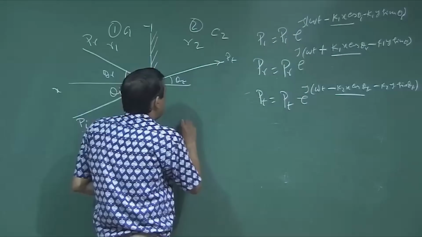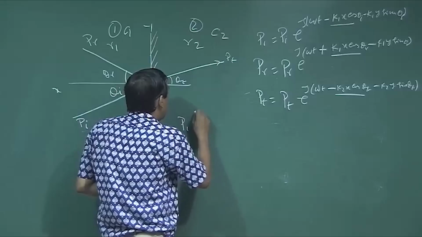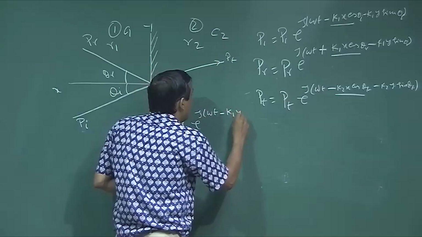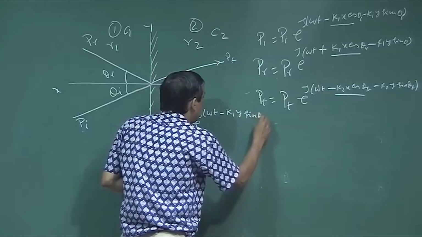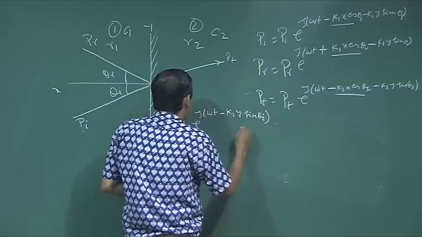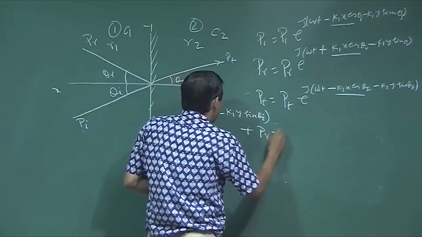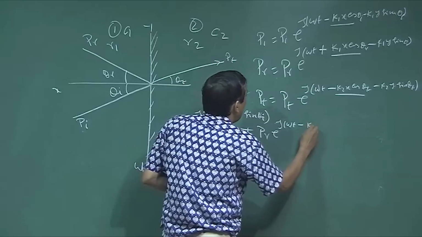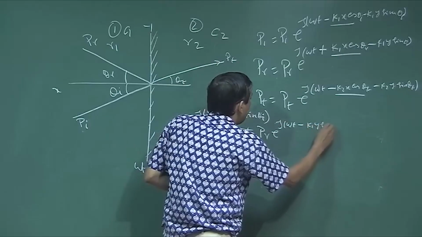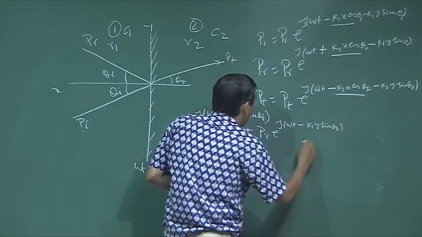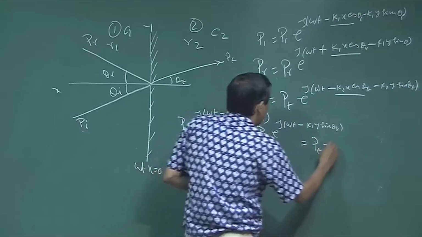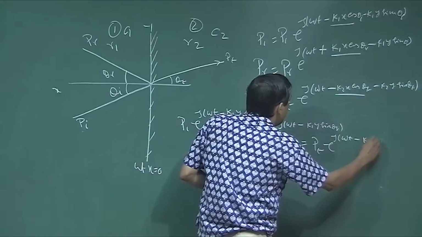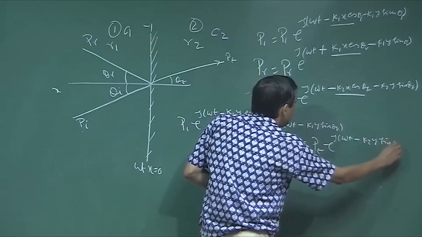I can write pi e to the power j omega t minus k1 y sin theta i plus pr e to the power j omega t minus k1 y sin theta r is equal to pt e to the power j omega t minus k2 y sin theta t.